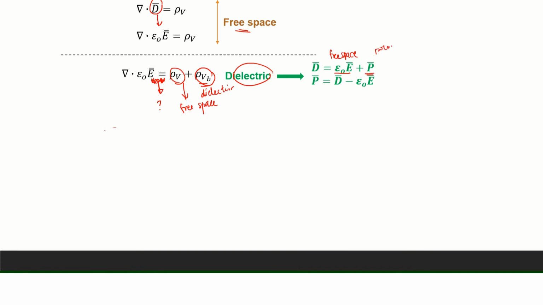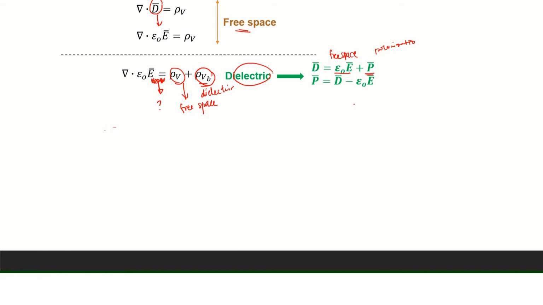So by right, the electric field density for free space and dielectric is the free space value plus the polarization. Because in a dielectric there is a polarization introduced, we can rewrite this equation as P equals D minus epsilon naught E.